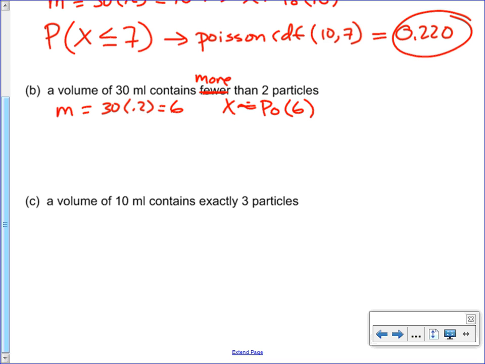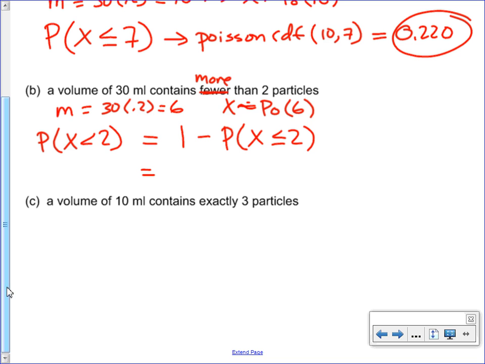So wouldn't you agree that if x is fewer than 2, that is the same thing as 1 minus everything up to 2? Yeah, everything up to and including 2. So P of x less than or equal to 2.